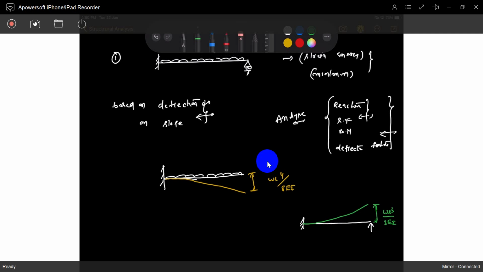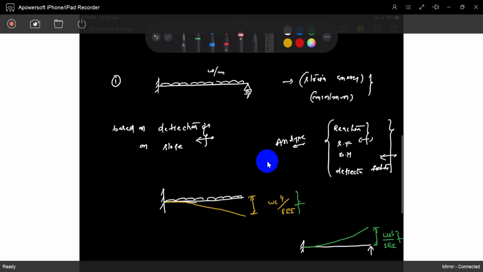So this is WL power 4 by 8EI, and this is WL cube by 3EI. Now for this propped cantilever AB, the deflection at B is 0.